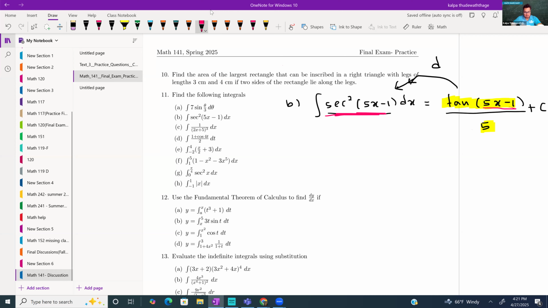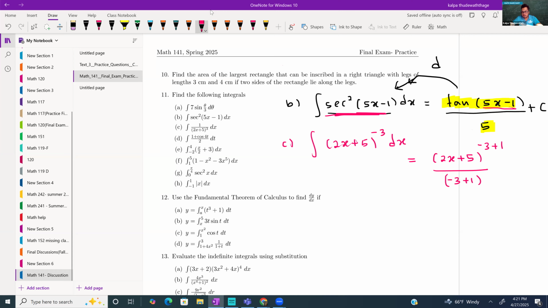Okay. C, you can write it like the integral of 2x plus 5 to the power negative 3 dx. So again, here you can use the power rule. That means you can take the same linear factor to the power minus 3 plus 1 over minus 3 plus 1.